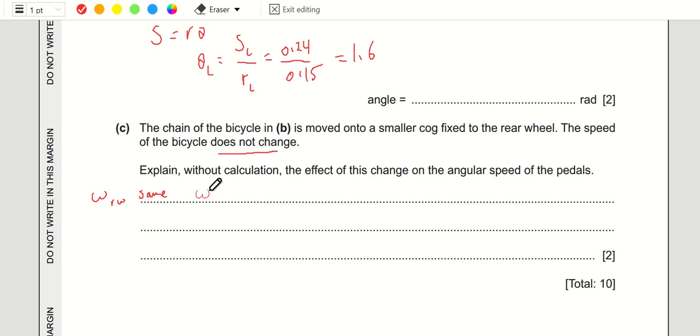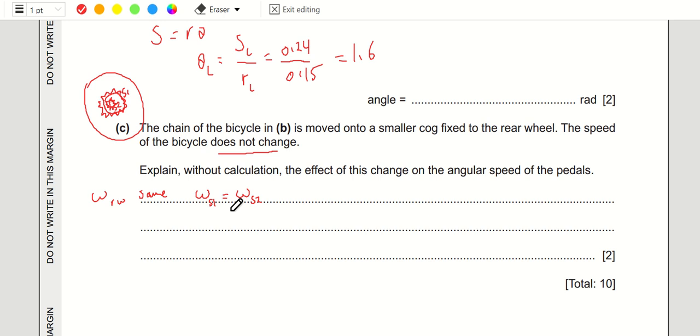So omega small cog 1 would be equal to omega small cog 2. So as the chain is moved from the first small cog to the second, smaller small cog, omega for both will be equal.